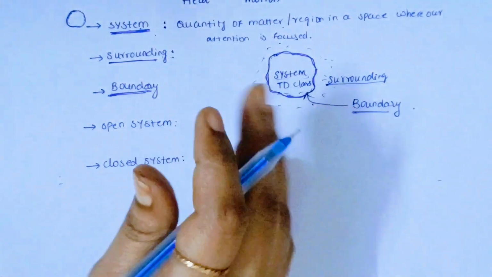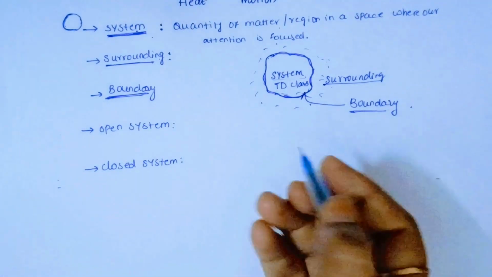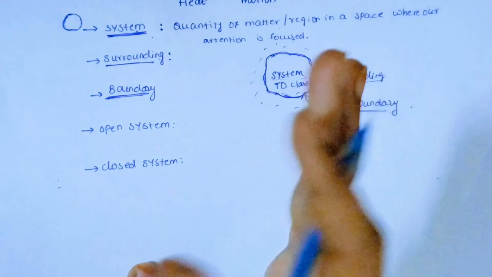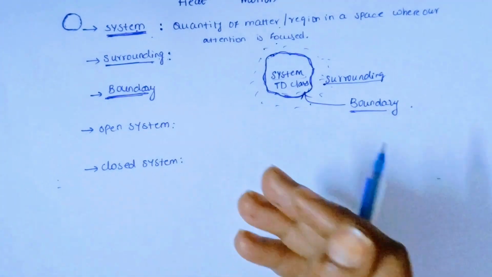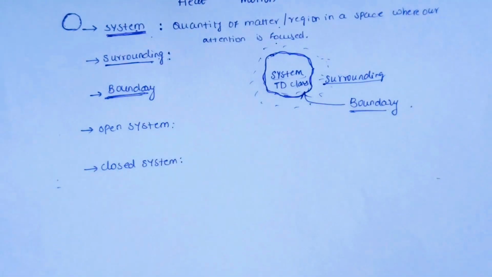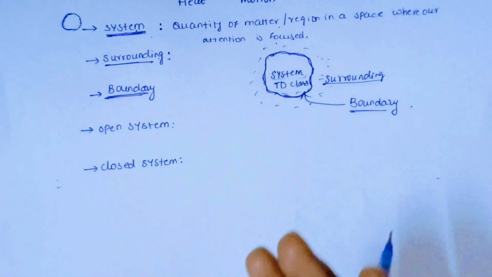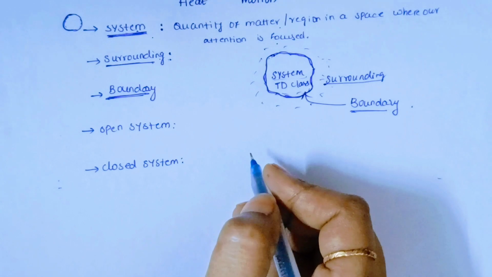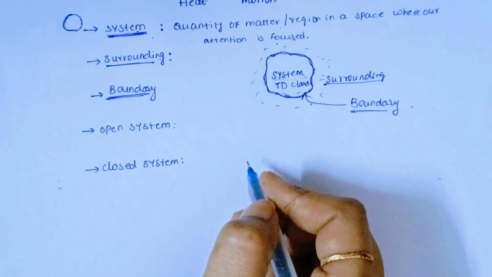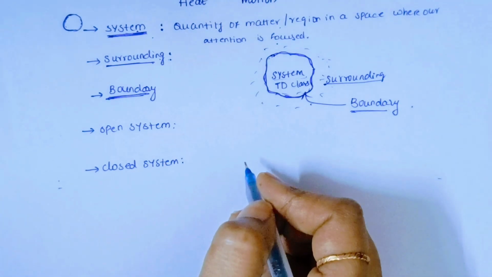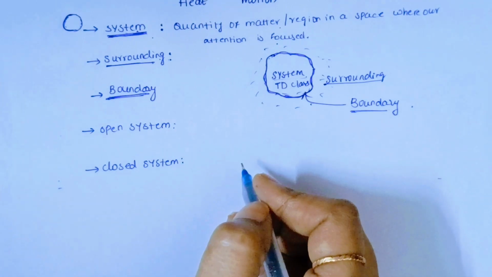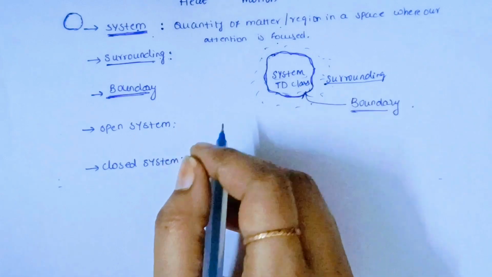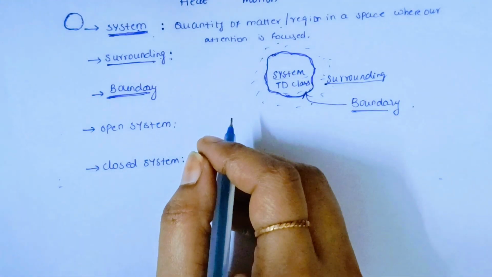First I will start with one example, to understand what an open system is and what a closed system is. Every day, after waking up and brushing, what do we do? Child lovers who are there will drink chai. So in the home, who will make the chai?